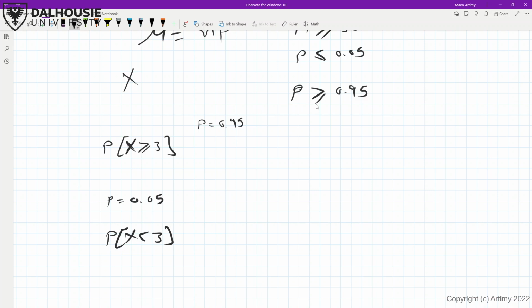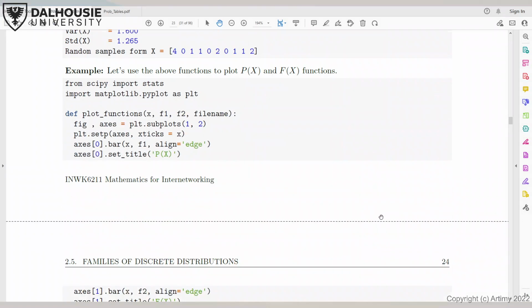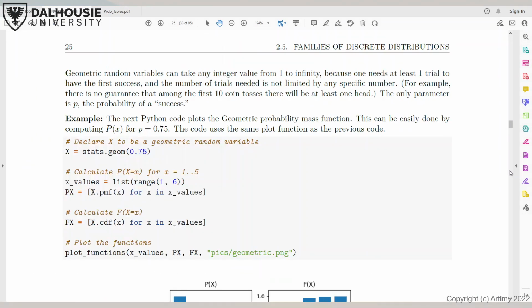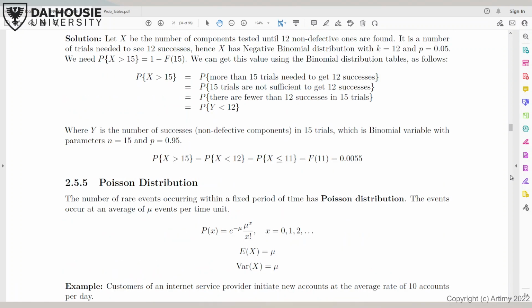And then I can use Poisson for the approximation.